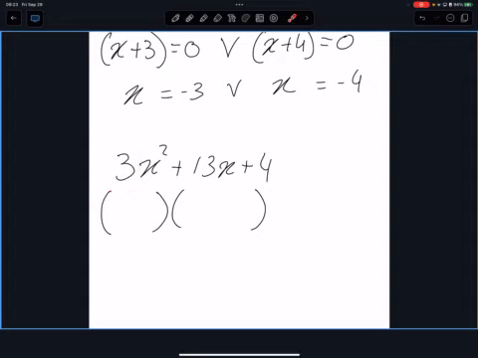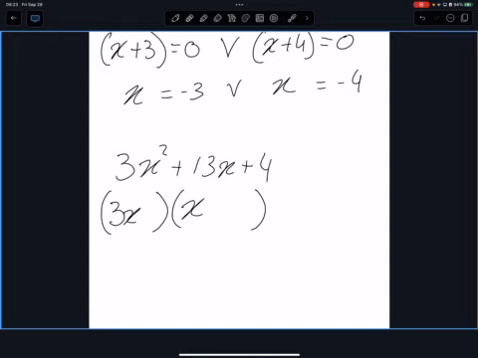What are the possibilities? 1 times 3, and 3 times 1, using only whole numbers. So we have 3 and 1. That's the first step. Remember, as we progress, you will see we have more possible solutions.